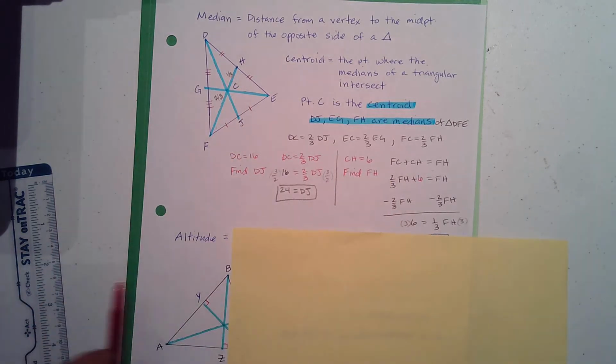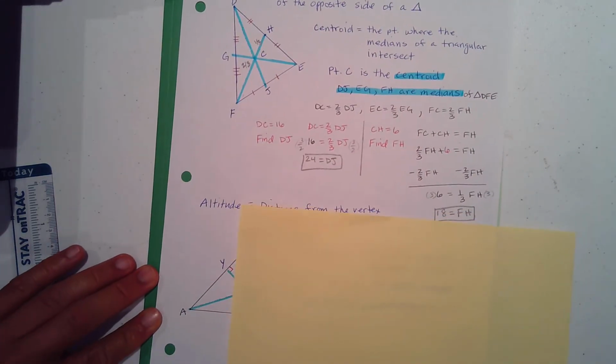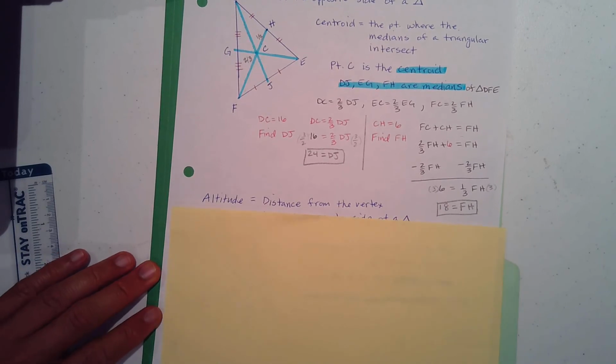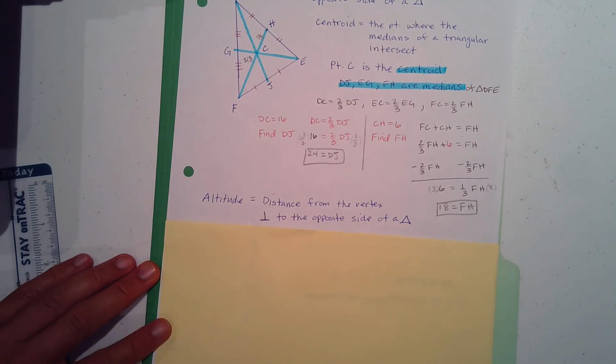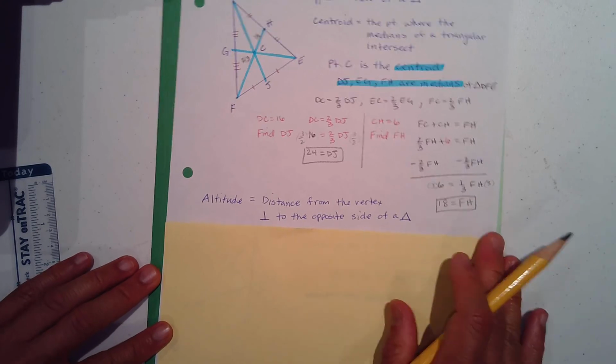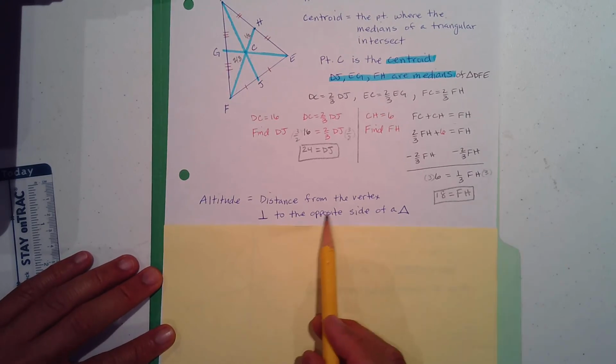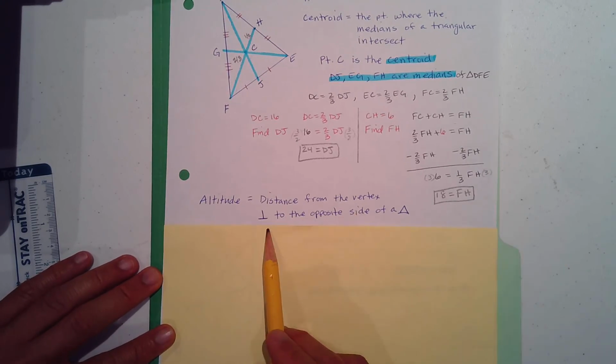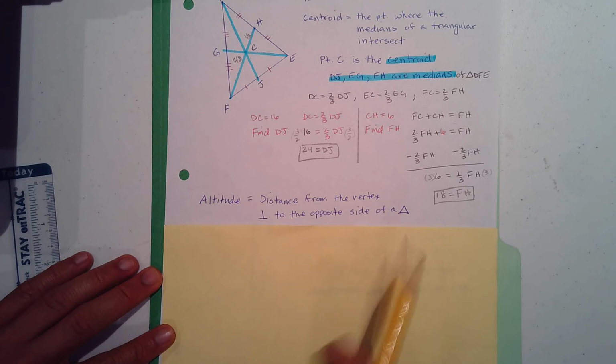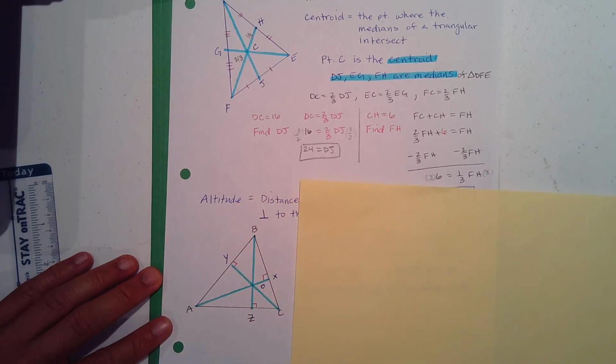All right, last definition, last point of concurrency. First, an altitude is the segment from the vertex perpendicular to the opposite side of a triangle. So let's take a look at this diagram.